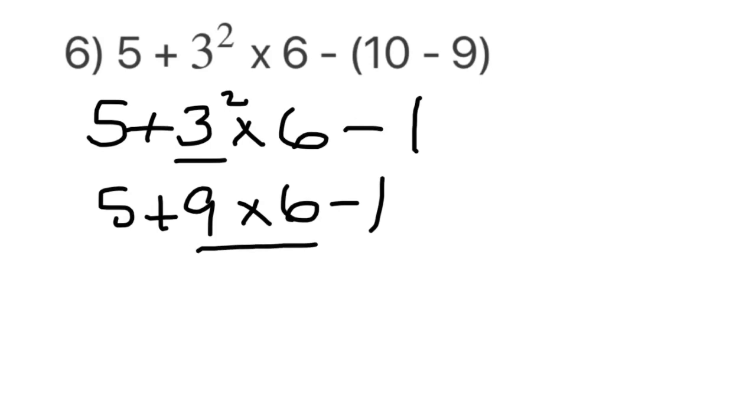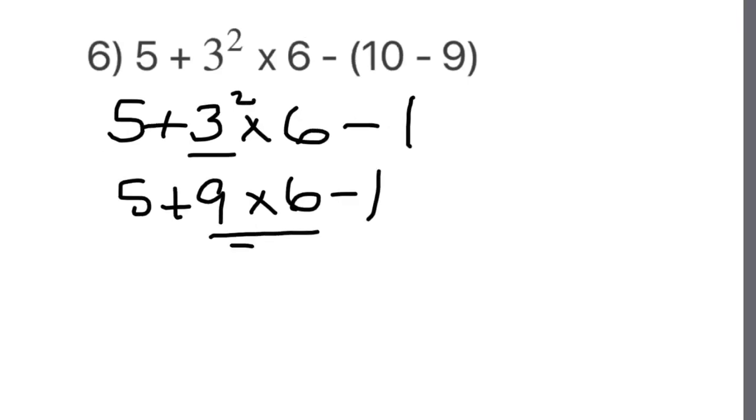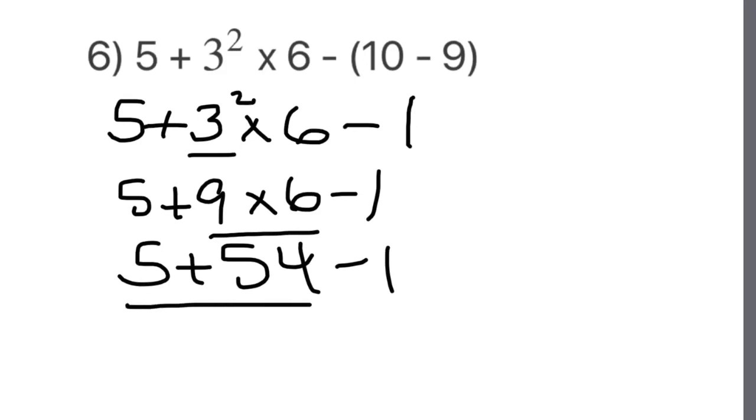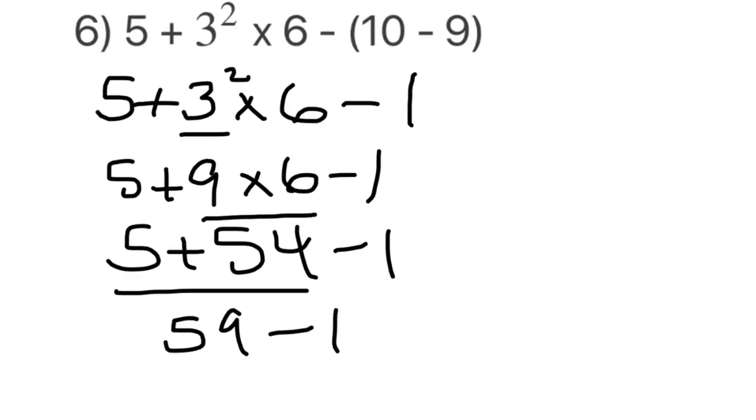Now we're going to multiply and divide. 9 times 6 is 54, minus 1 plus 5. So now we only have addition and subtraction left, so we're just going to add 54 plus 5 straight across. 59 minus 1. Our answer is 58.